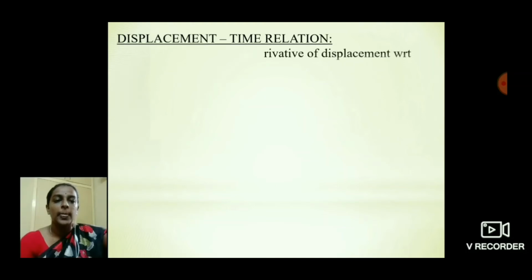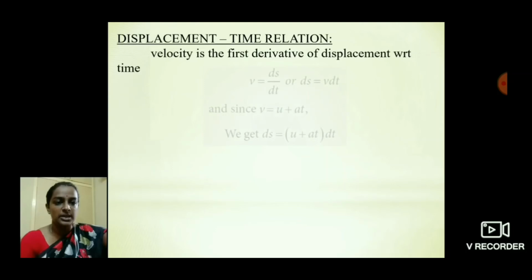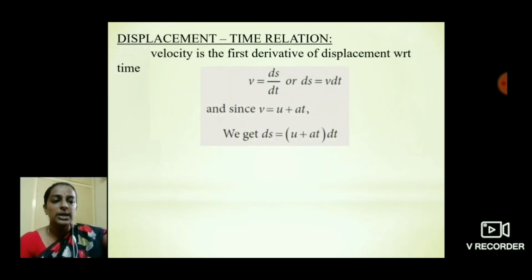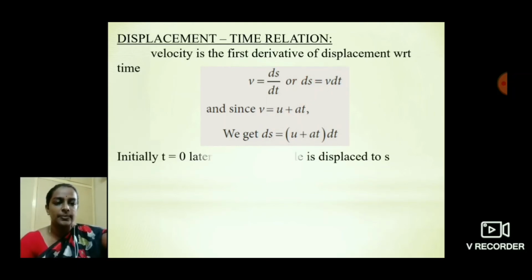Next is displacement and time. Velocity is the first derivative of displacement with respect to time. So v equals ds by dt, or ds equals v dt. After integration, we substitute the value of v equals u plus at, so ds equals u plus at dt.